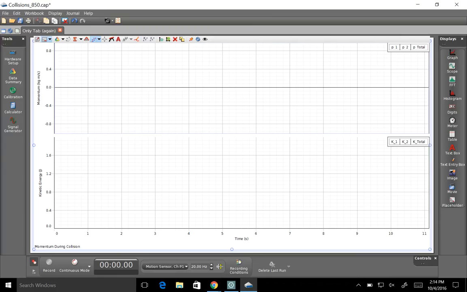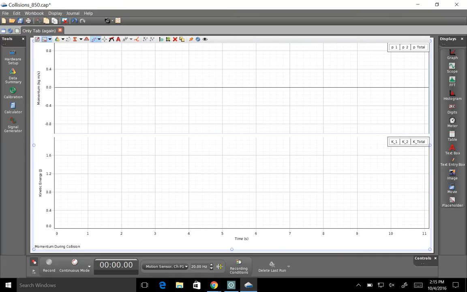Note your units are in kilogram meters per second for momentum and joules for kinetic energy. So that's how you get the before and after. It won't take long. Put the box on, resize it, drag it to this one before, this one before, this one after, write the numbers down for each one.